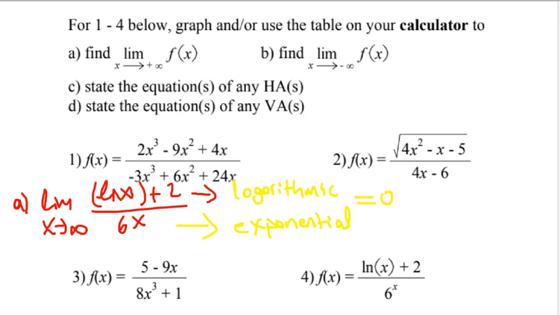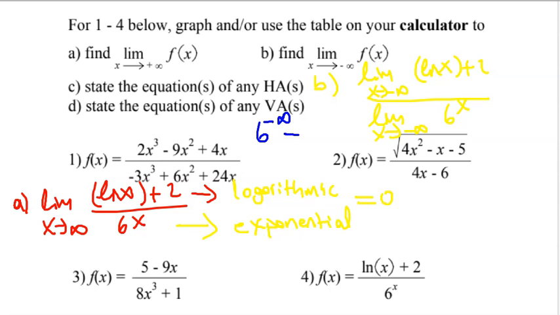And part B, I'm going to do a little bit differently. Since we're taking the limit of this expression as x approaches negative infinity, I'm going to take the limit as x approaches negative infinity of ln x plus 2, over the limit as x approaches negative infinity of 6 to the power of x. When you substitute negative infinity for the bottom limit, we end up with 6 to the power of negative infinity.